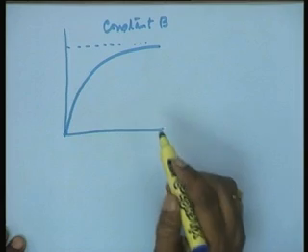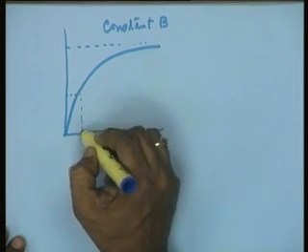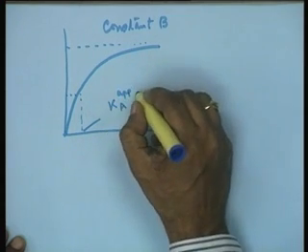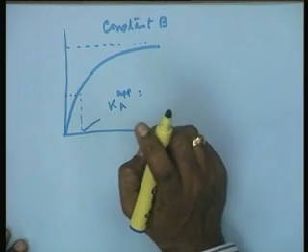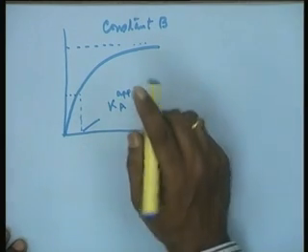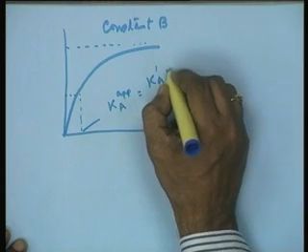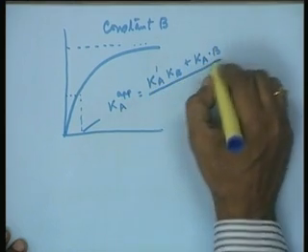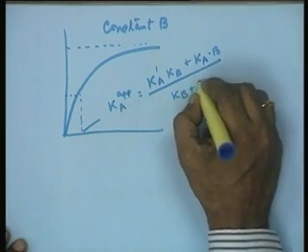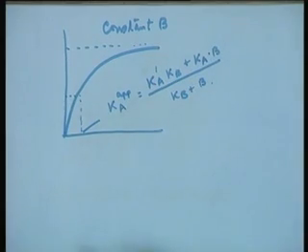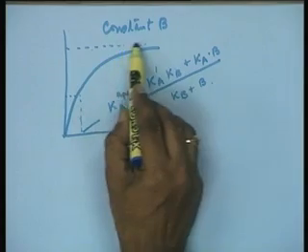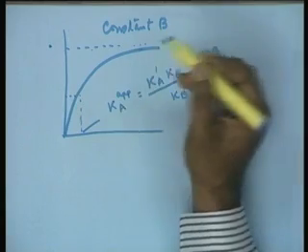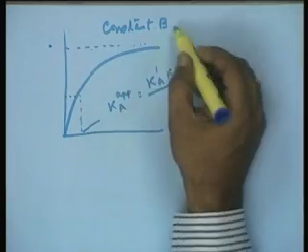This is your maximum reaction velocity and your half Vm will be this one, where Ka apparent, the Km value with respect to substrate A, will be K dash A Kb plus Ka into B upon Kb plus B. Similarly, here V0 will reach Vm when the value of B is saturating.